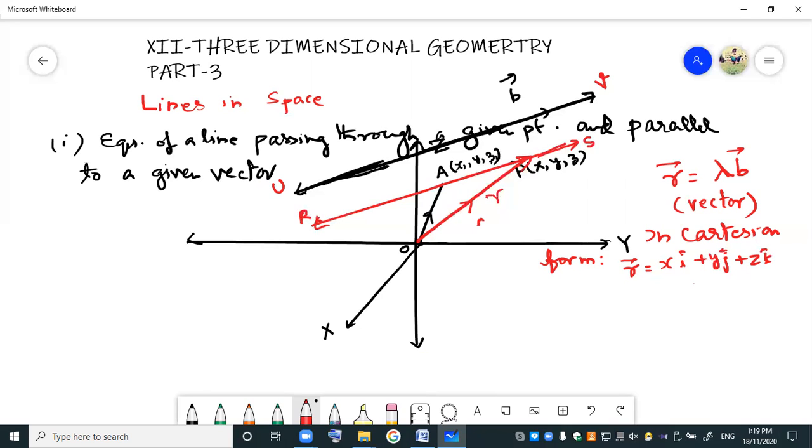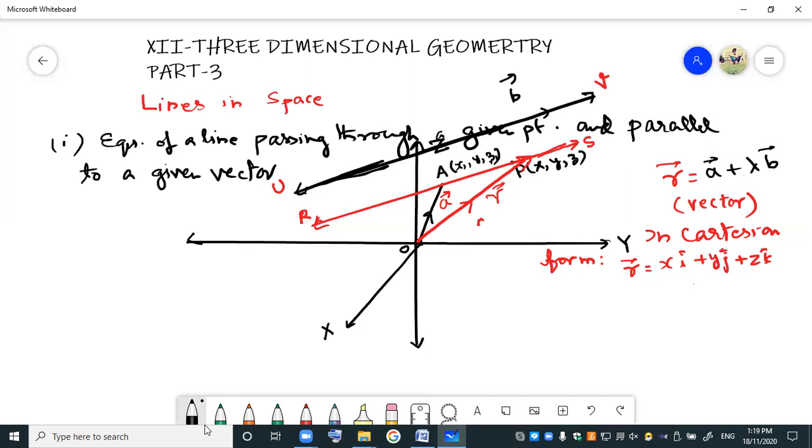This is vector R, and this is vector A, that is, OA is equal to vector A. So the equation of a line will be vector R equals vector A plus lambda times vector B. A will be 0 when the line passes through the origin.